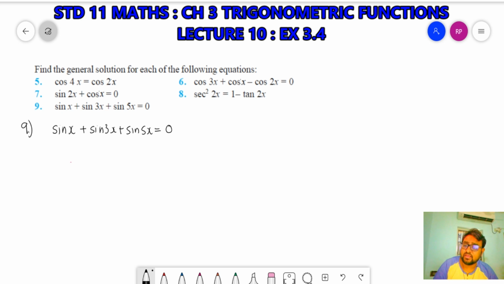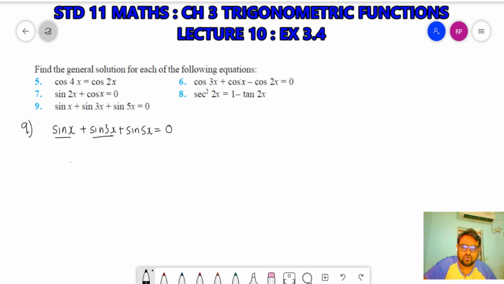Okay, now see, here I will use sin plus sin. But if I use it on these two, x plus 3x, 4x by 2 will be 2x, x minus 3x, minus 2x by 2 will be minus x. Then again here it is sin 5x.